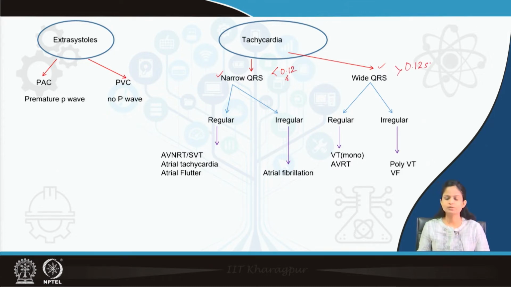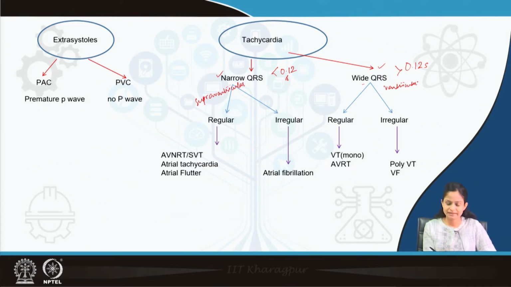Generally we see narrow QRS complexes in supraventricular origin, and wide QRS complexes in ventricular origin. Again, these features can be regular or irregular.